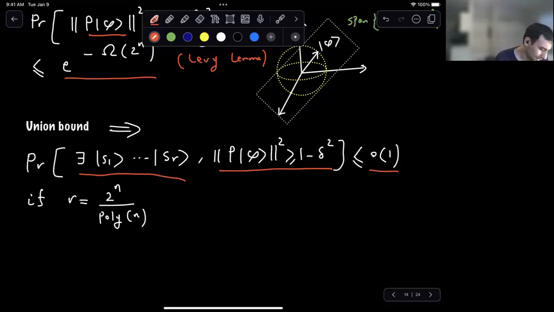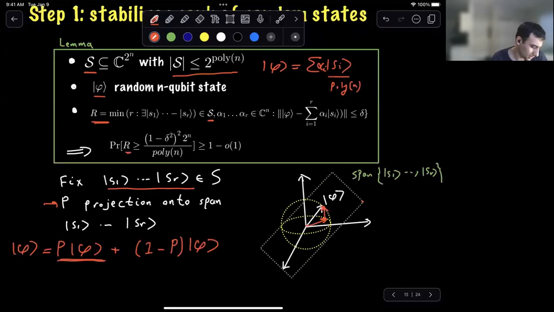And because I defined it for an arbitrary subset, this statement is equivalent to this one. So if you look at the complement of this event, you get the result in the statement of the theorem.